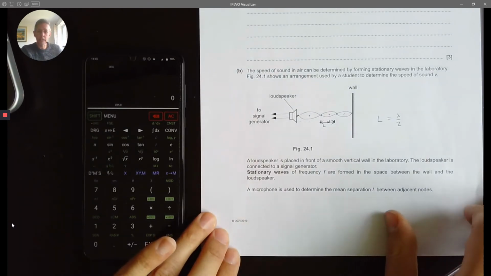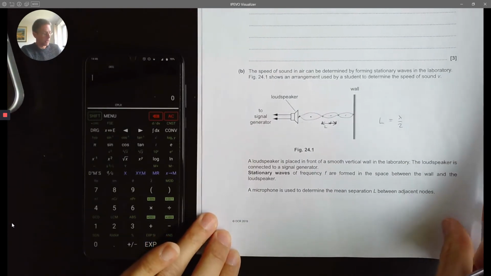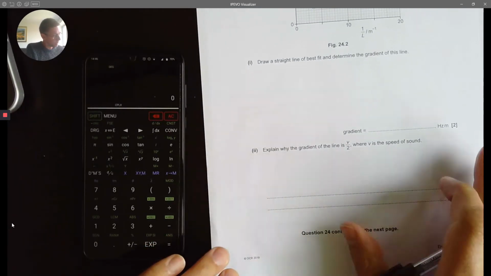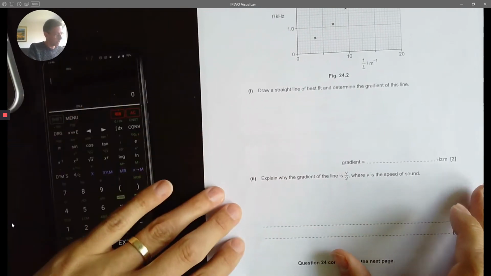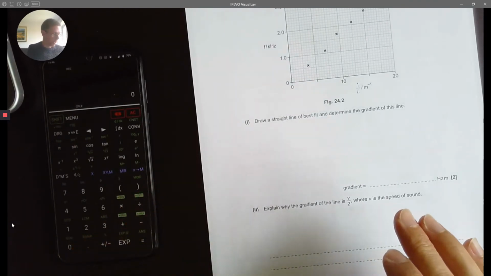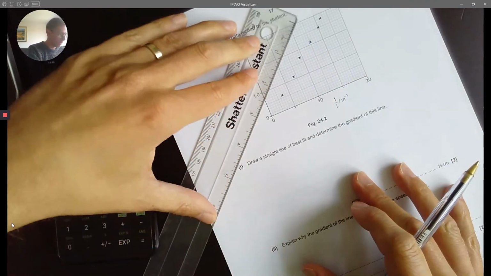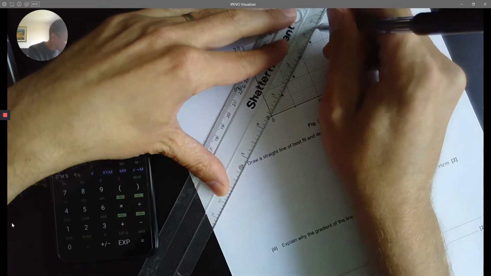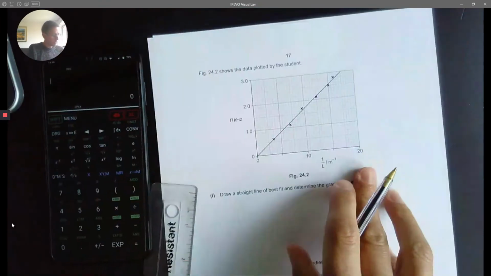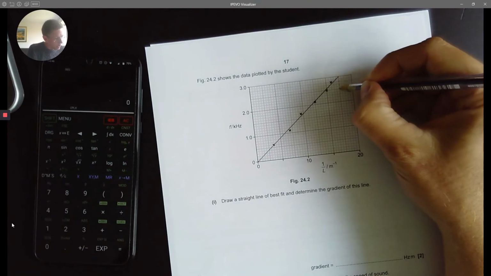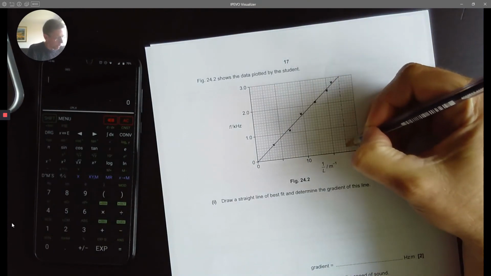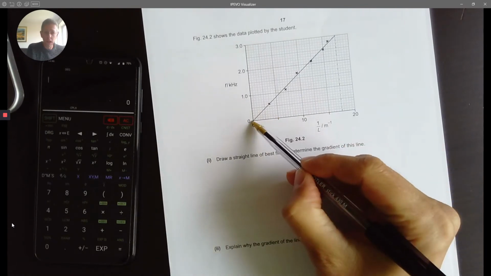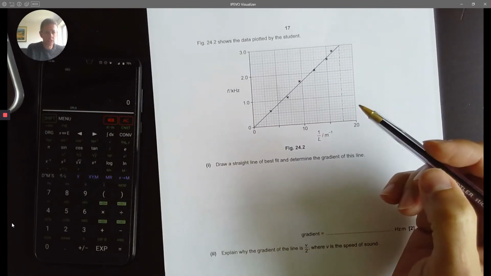Okay, so now that we understand what's going on with the experiment, we're just going to see what they want us to do. So draw a line of best fit and get the gradient of the line. So stick a line on that. And then again, use as big a triangle as you can possibly get. The examiner's been very nice to you and given you a line that happens to go very nicely through 0.